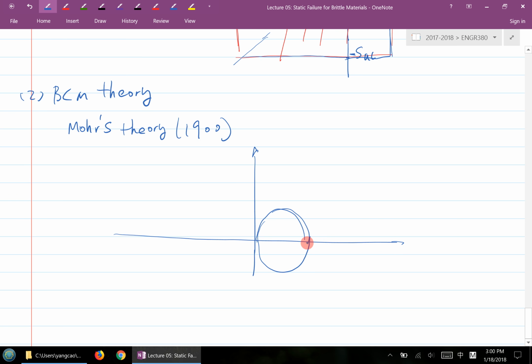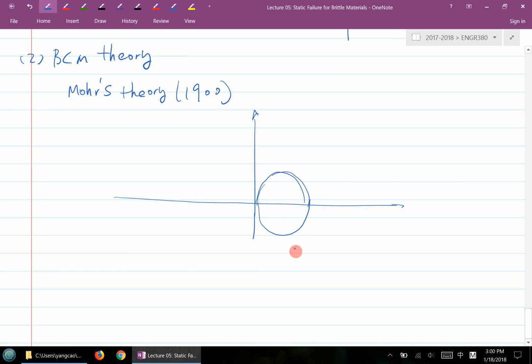You could do a tensile test here. That's the Mohr circle for the tensile test. Its tangent is always 0 here. And the tensile test gives us the tensile strength. And you could do a compressive test.